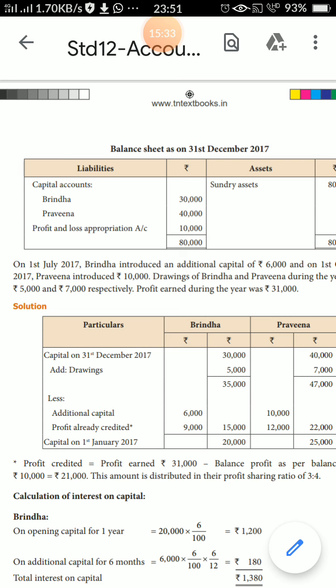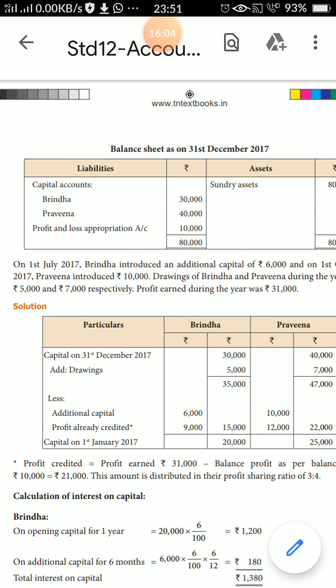Again: 31,000 minus 10,000 is 21,000, divided in the 3:4 ratio. Brinda gets 9,000 and Praveen gets 12,000.